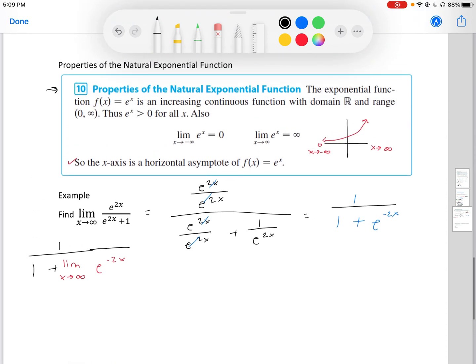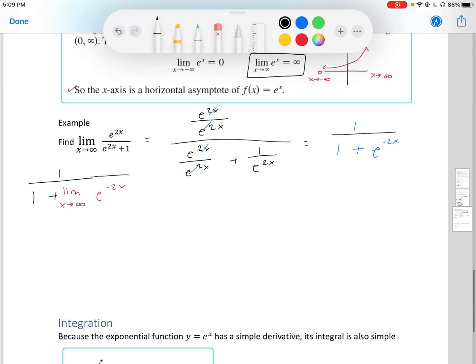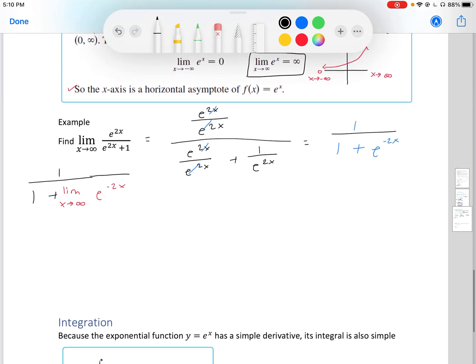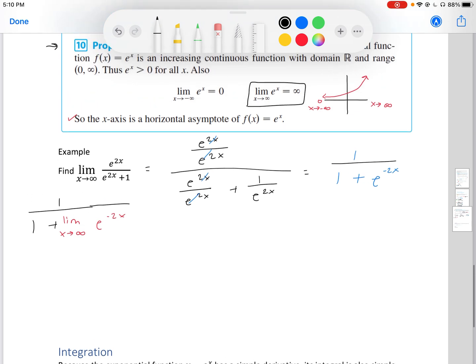And according to our definition, as we have e to some exponent x, it's going to give us infinity. So our answer is going to be 1 over 1 plus 0.